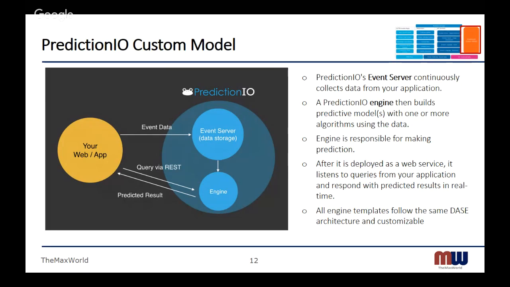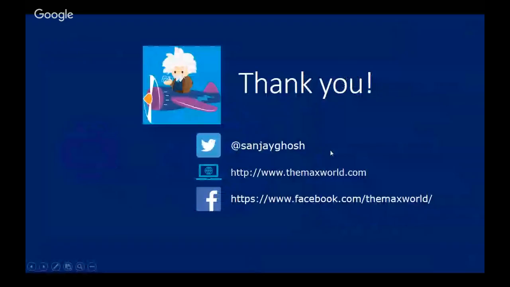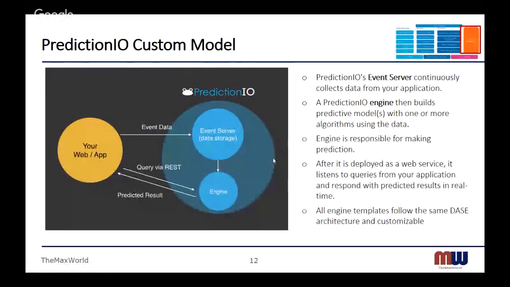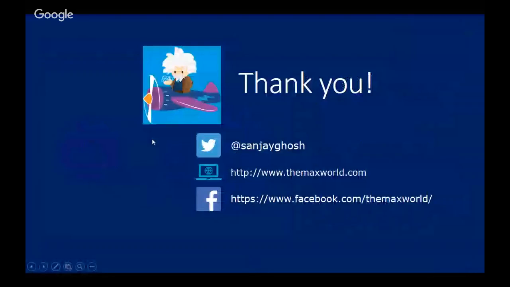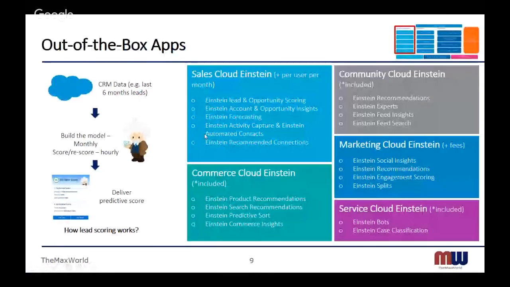All right. So let's quickly jump into our demo. Let's try to show how things work. So which one first? Go back. Let me show you lead scoring first. Please poke with your questions so that I can take those.